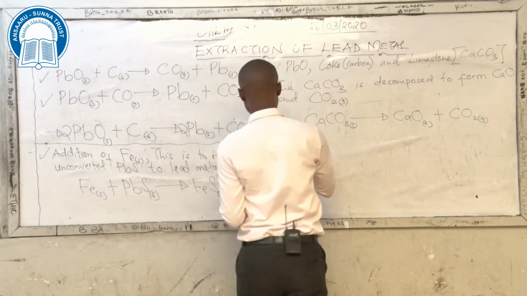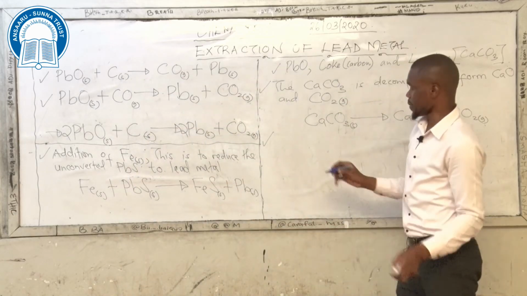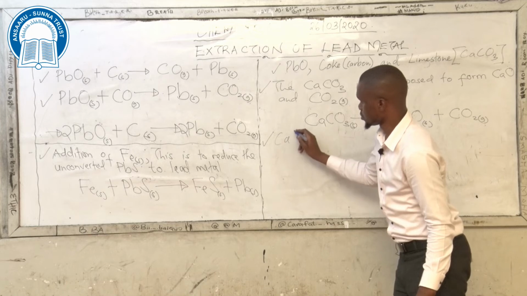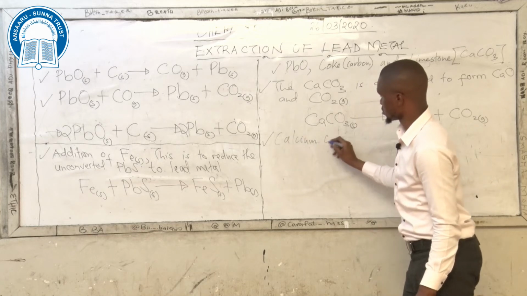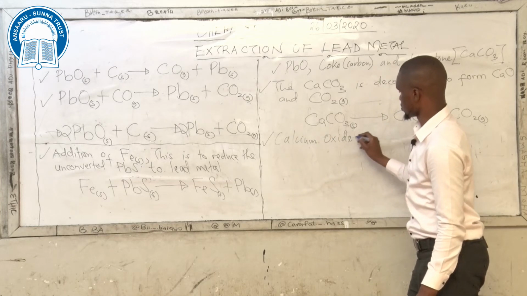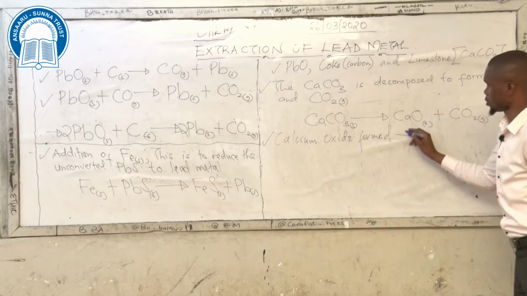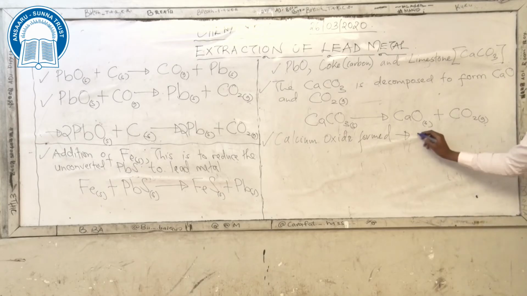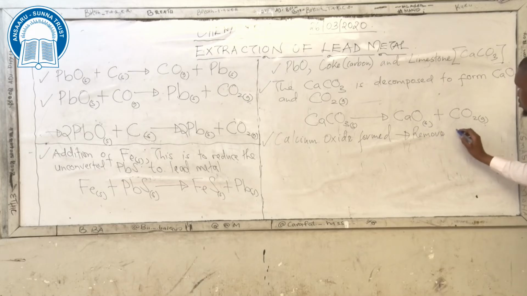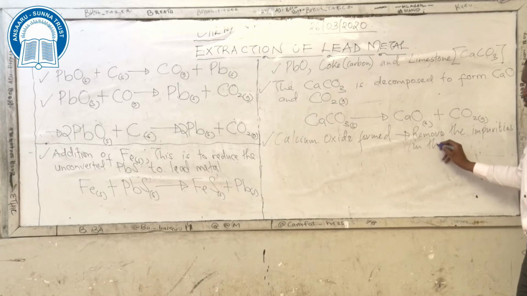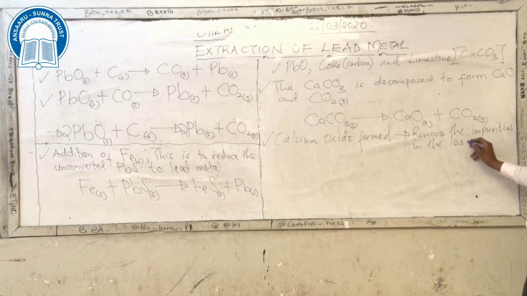Now the calcium oxide formed here is purposely used to help remove the impurities in the lead oxide.